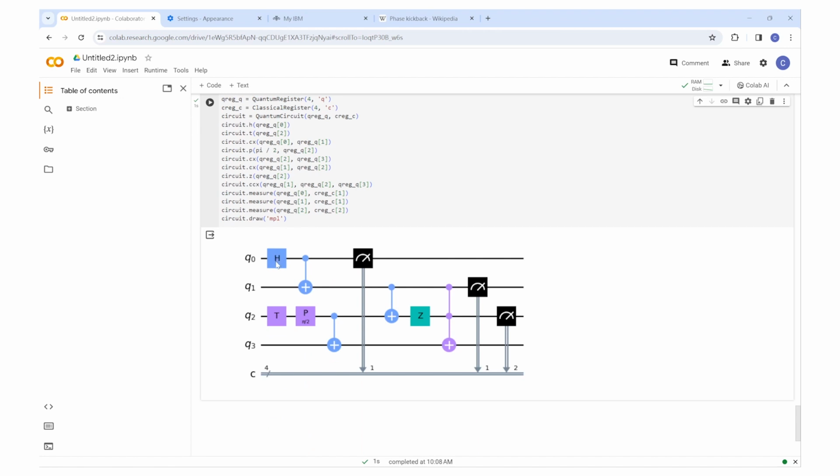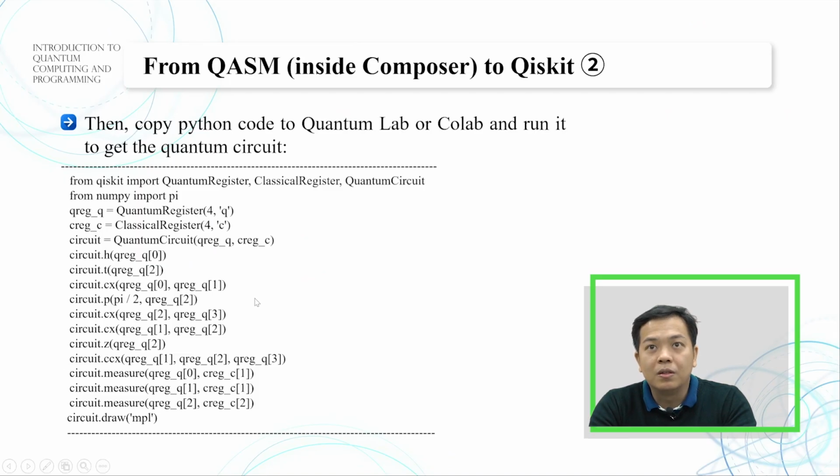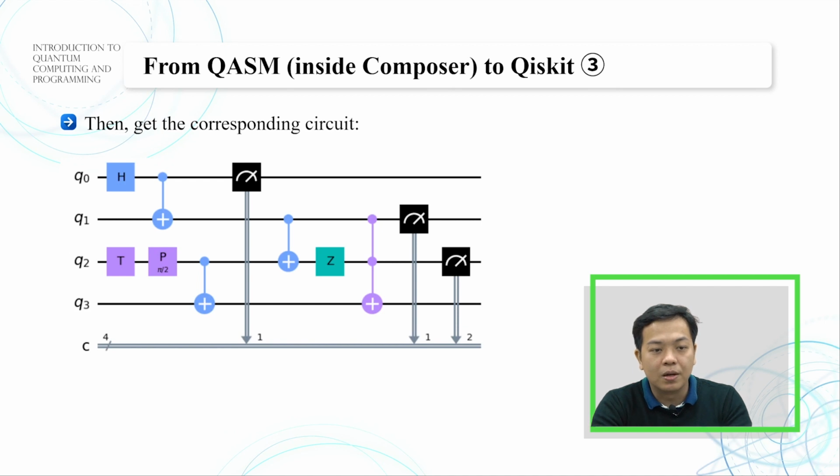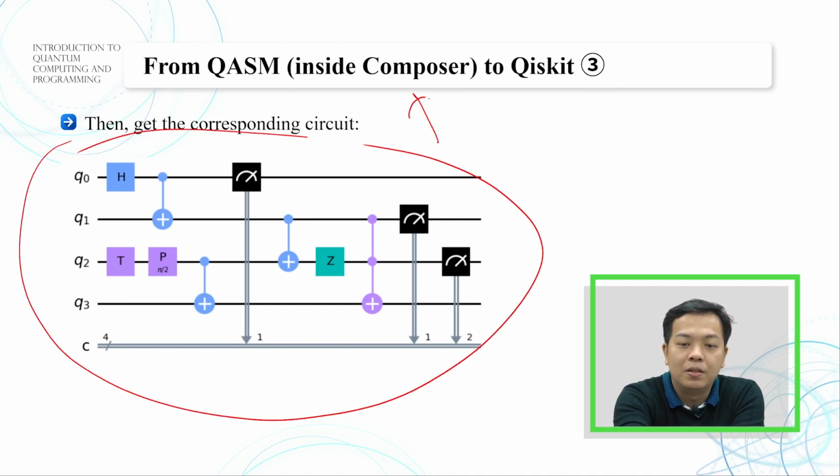We have a T gate, we have Pauli, and we have Pauli Z. You can compare this with our code, and you can see it's a similar result from the Composer.